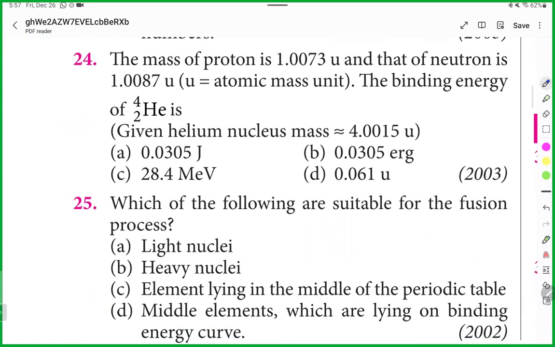Sania, next, 24. Mass of the proton is this, and neutron is this.